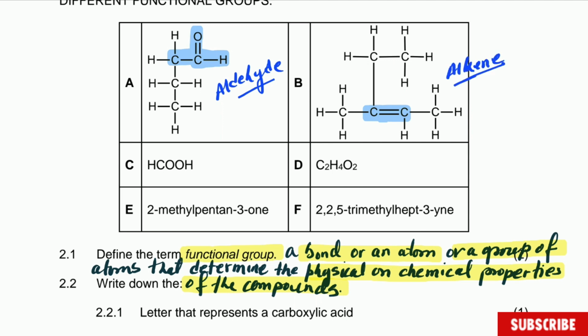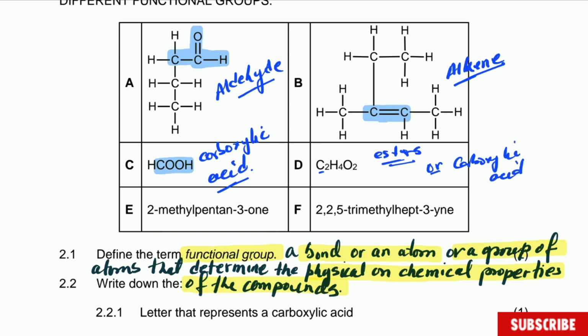We go to compound C, and we have the COOH. If it's in a condensed formula, this one is a carboxylic acid. If we go to compound D, we have the molecular formula of a compound which has 2 carbons, guys, and there are only 2. This one is an ester or could also be a carboxylic acid, but carboxylic acids generally are written with COOH.